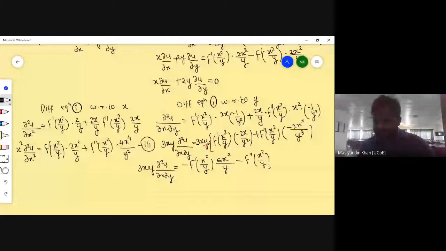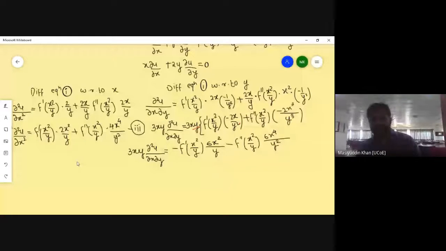Now again 3 2s are 6, x raised to 4, 6x raised to 4 upon y is cancelled with this part, so you will get y square. So hope those things are clear to everyone with this multiplication term of 3xy. Now, one more thing is remaining, that is dou square u by dou y square and 2y square से multiply करना. So this is equation number 4.